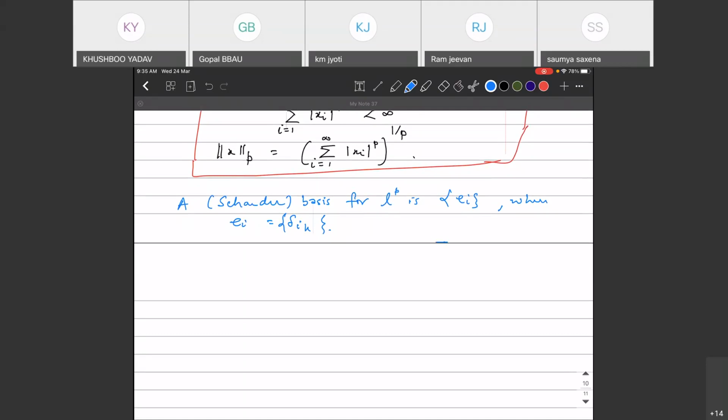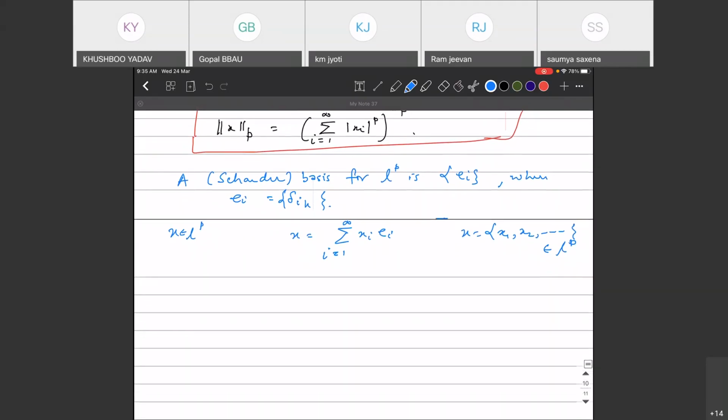As done earlier, every x in LP can be written in this form, summation i from 1 to infinity, same thing where x is x1, x2 and so on. This is in LP.